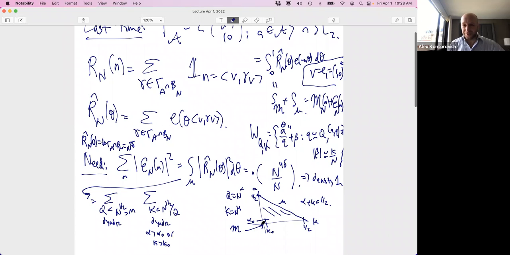Otherwise, we're in the major arcs and we're going to do something completely different. And then we integrate over this region, W_{Q,K}, of R_N hat of theta squared d theta.